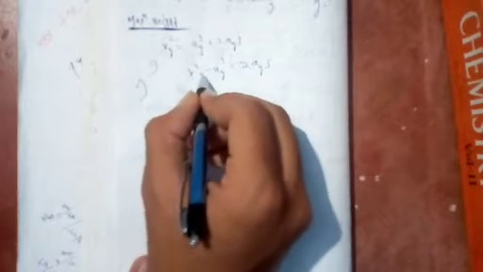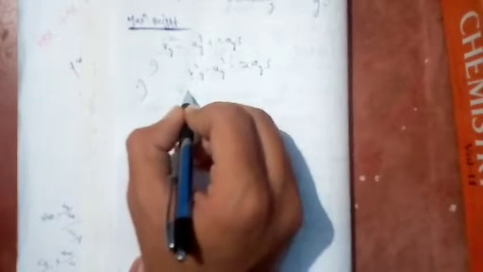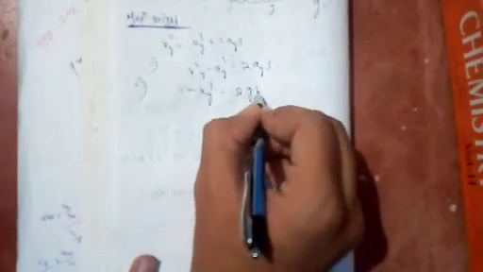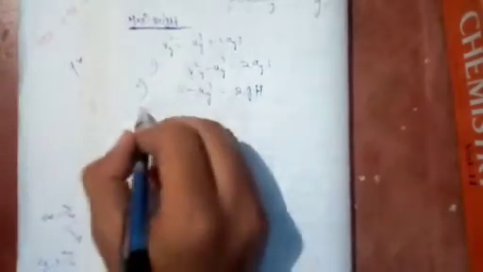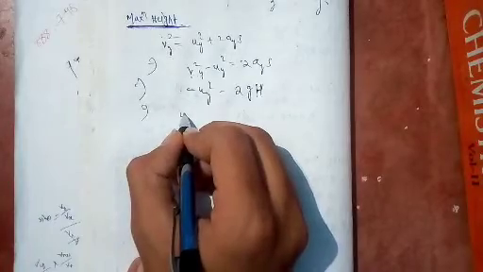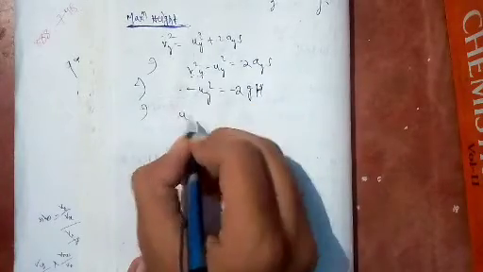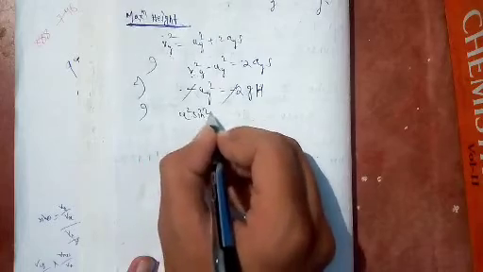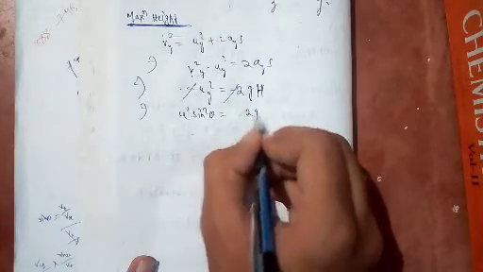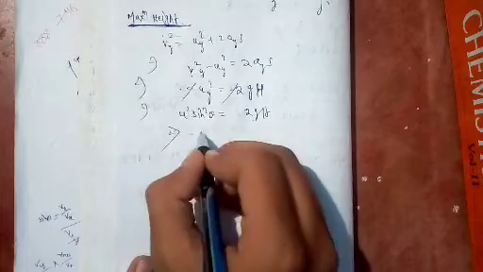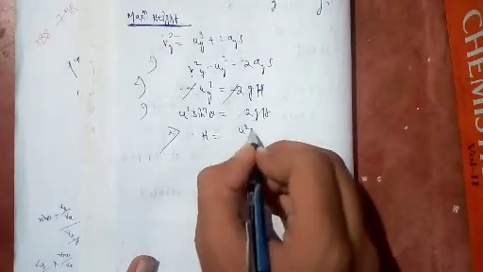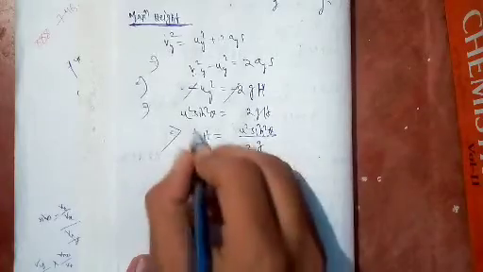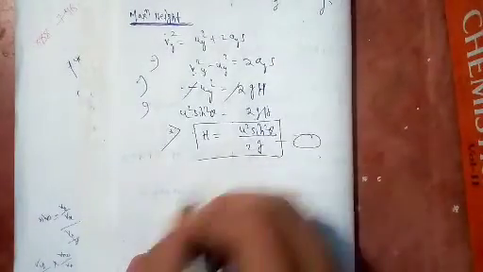Okay, v square y is 0, that is minus u_y square is equal to 2g into h at the maximum height. Then cancelling the negative sign, that is u square sin square theta is equal to 2gh. Then h is equal to u square sin square theta upon 2g. That is the derivation of maximum height.